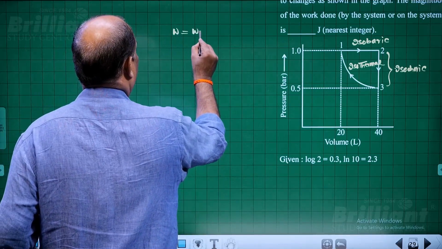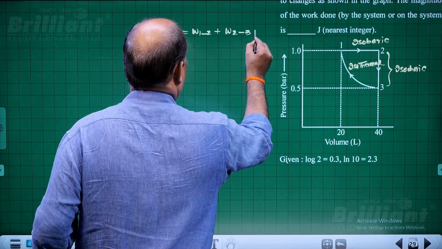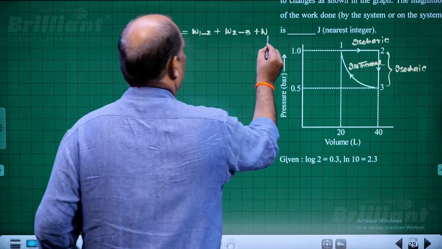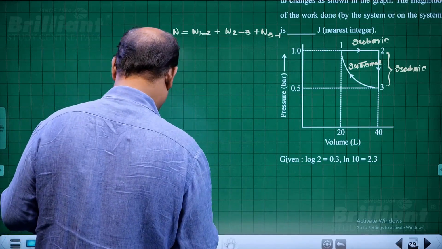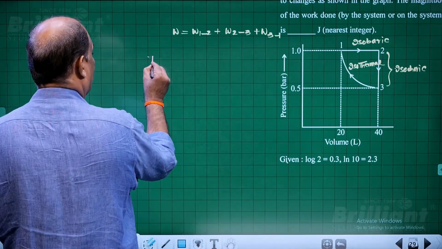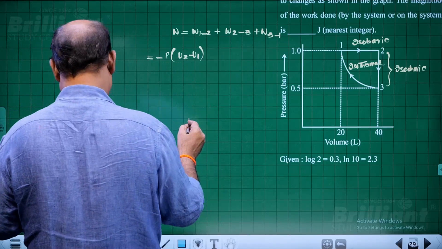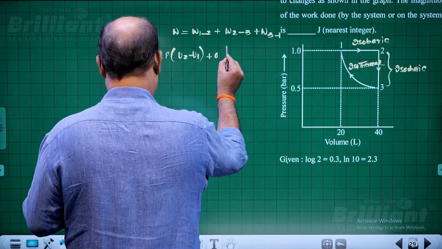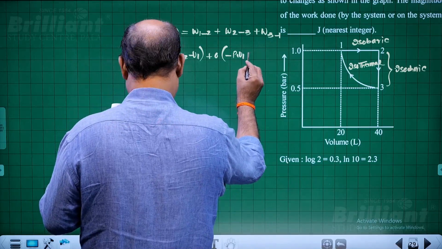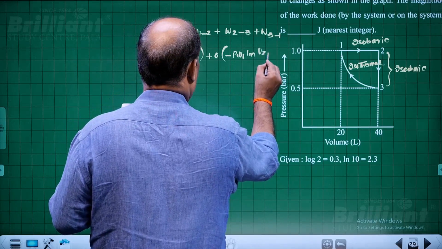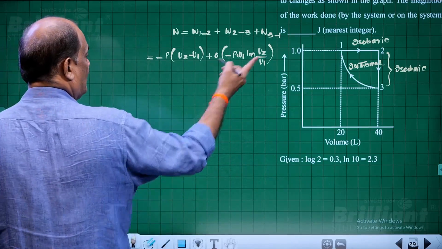W is equal to W from 1 to 2 plus W from 2 to 3 plus W from 3 to 1. So this we can write minus P into V2 minus V1, plus nRT ln V2 by V1. That is equal to minus 1.